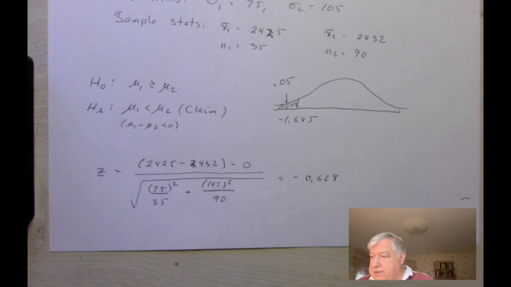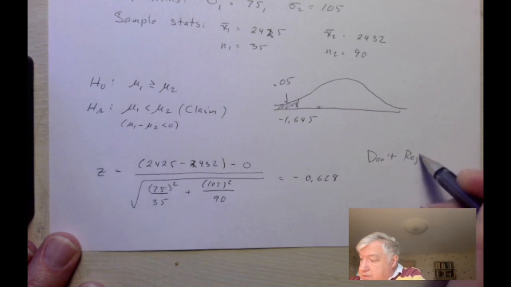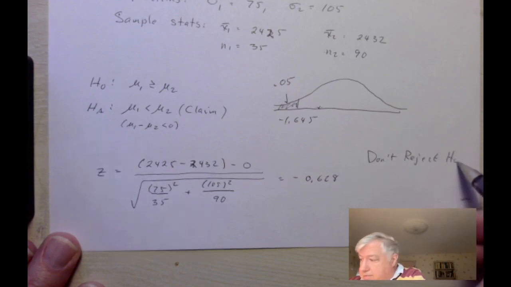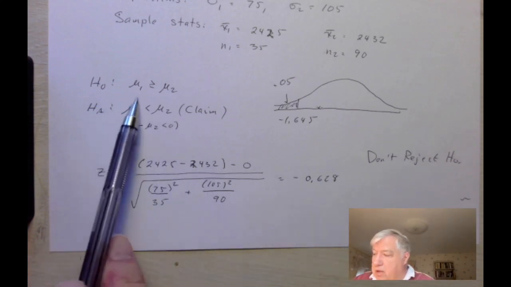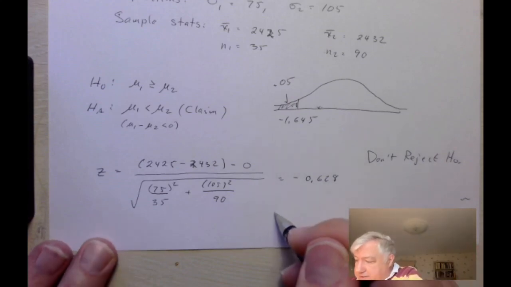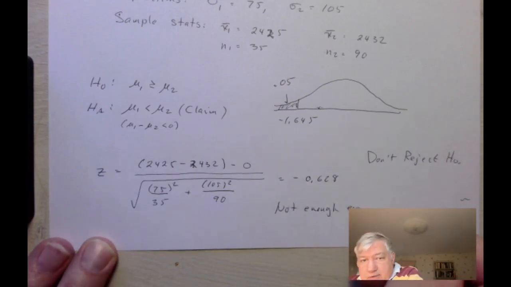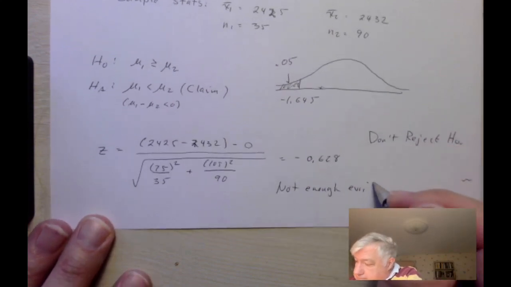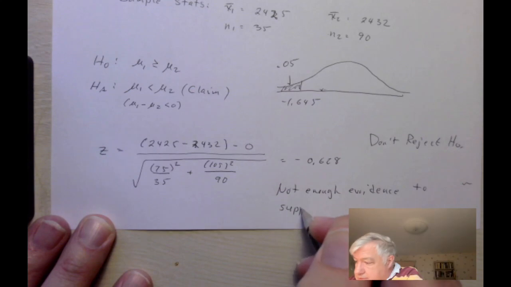This is not in the rejection region, it's over here. So we don't reject H0. And because we're not rejecting the null hypothesis, we can't support the claim. So we say there's not enough evidence to support the claim.